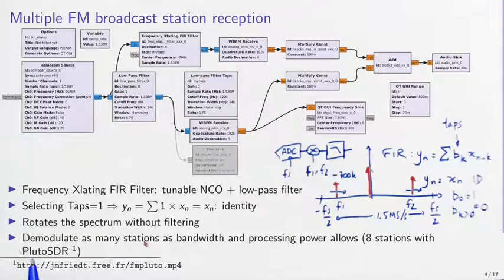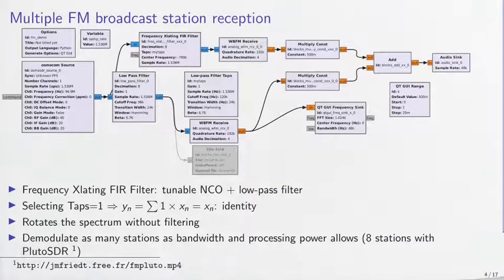For example, the PlutoSDR, with its very wide bandwidth, more than 10 megahertz, can sample many FM stations. However, the quad-core CPU of this i5 laptop can only handle up to 8 wideband FM decoders simultaneously. This is demonstrated on this movie of the PlutoSDR recording 8 stations simultaneously.